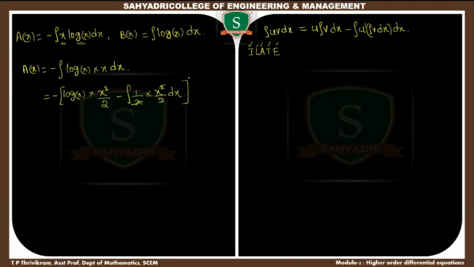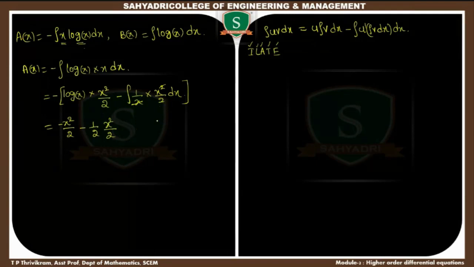So x gets cancelled. So this one is equal to minus x square by 2 minus 1 by 2. So one more x will be there. Integration of x is x square by 2. Okay.